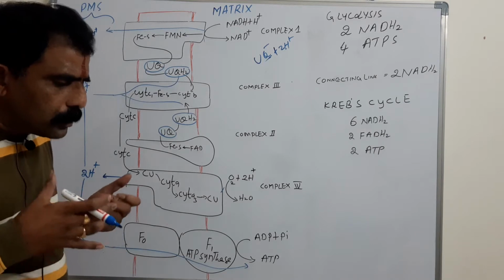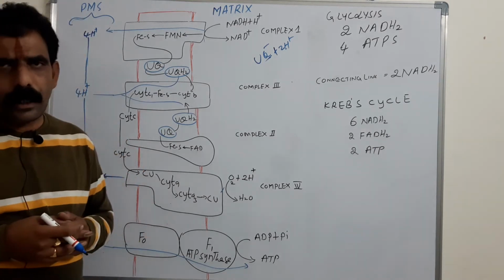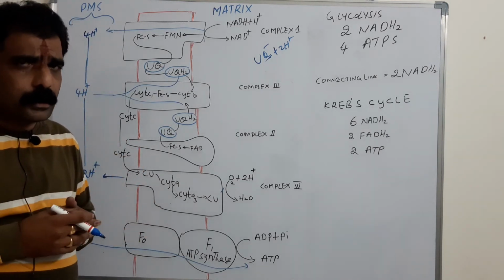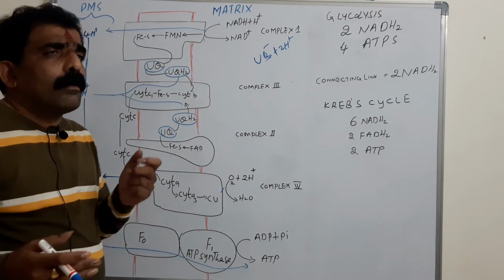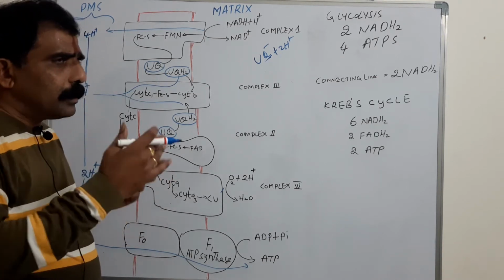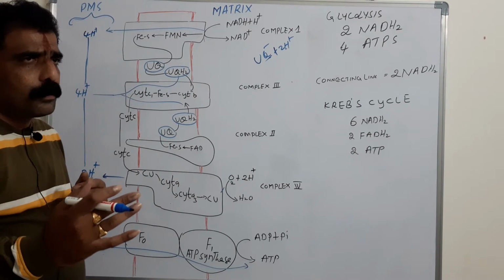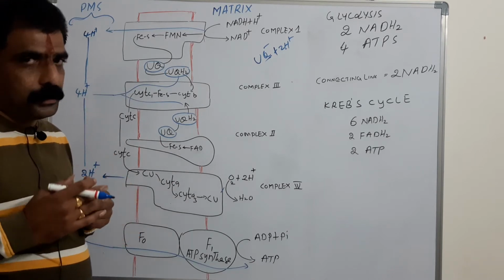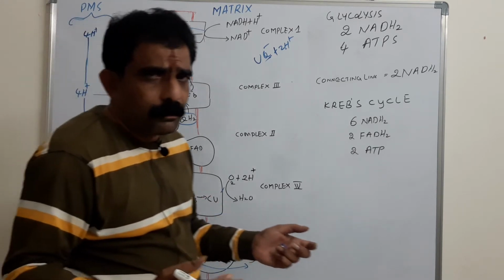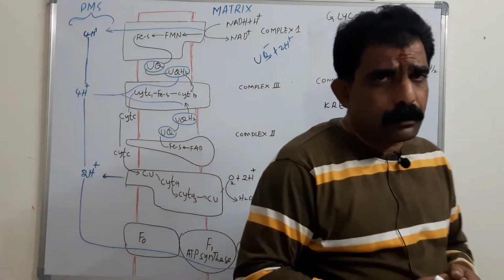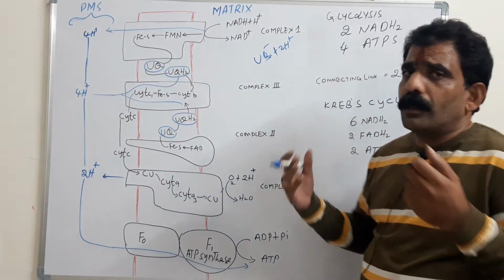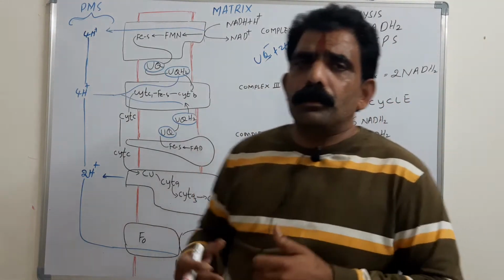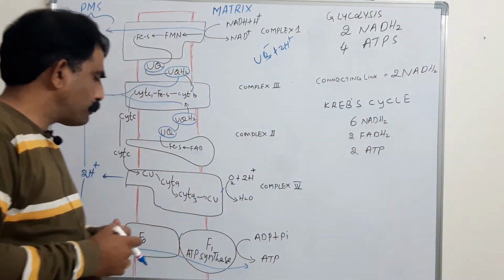So how much metabolic water is produced in aerobic respiration? 12 molecules of water are produced. Every time NADH2 or FADH2 is oxidized, one water molecule is produced and half a molecule of oxygen is consumed. That is why 12 into half, 6 molecules of oxygen are consumed in aerobic respiration, and 12 into 1, 12 water molecules are produced.